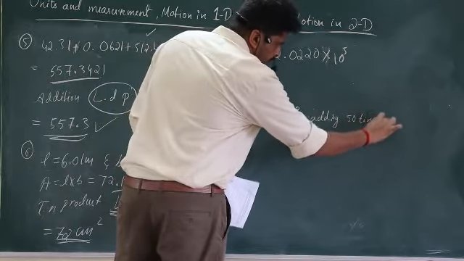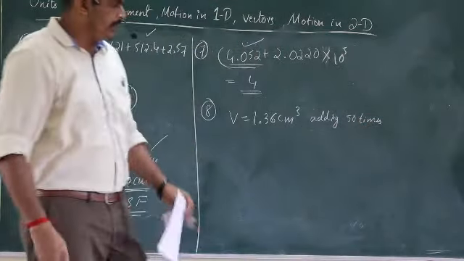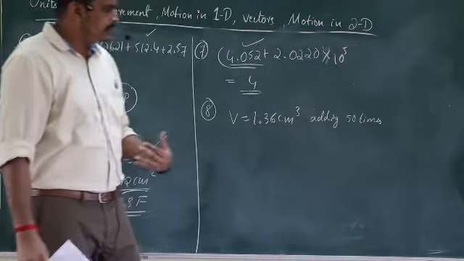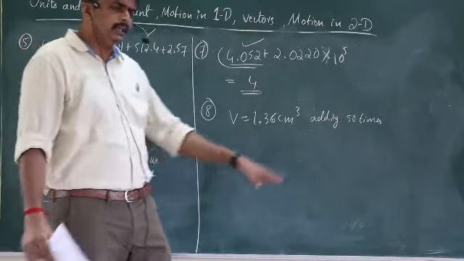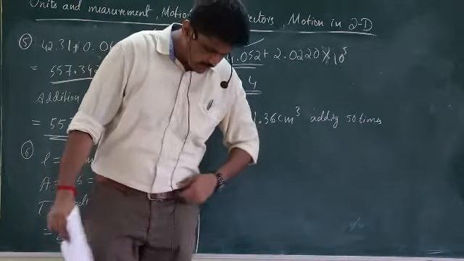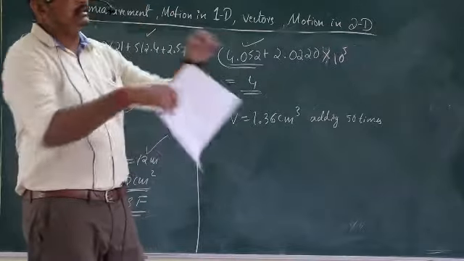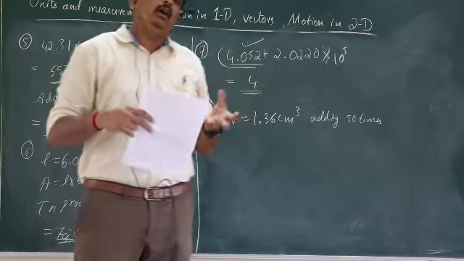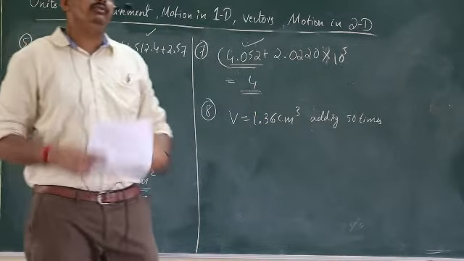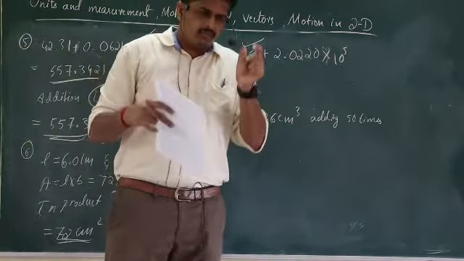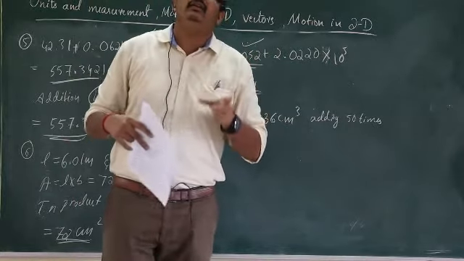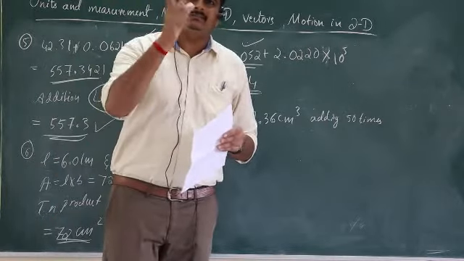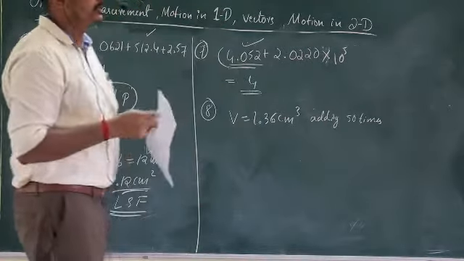Always remember, whenever it comes to significant figures, if you think you'll just multiply and finish off, the real meaning is this: if a cube has this much volume, what will be the total volume of such 50 cubes? You are going to add one by one, like how you find the area of a lamina in the lab during the screw gauge experiment.